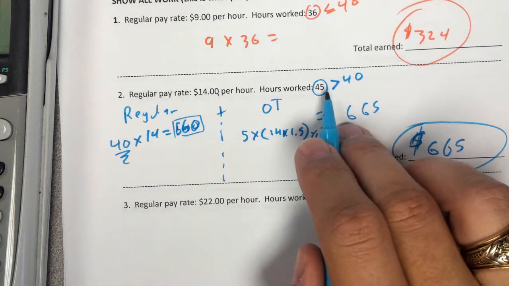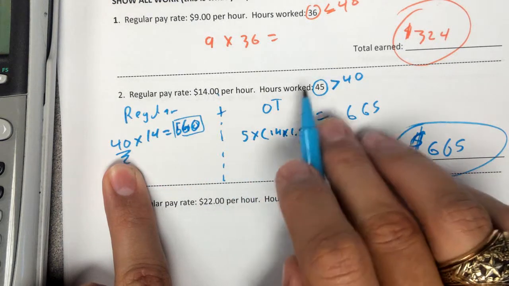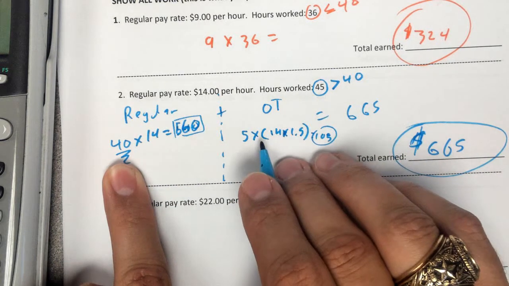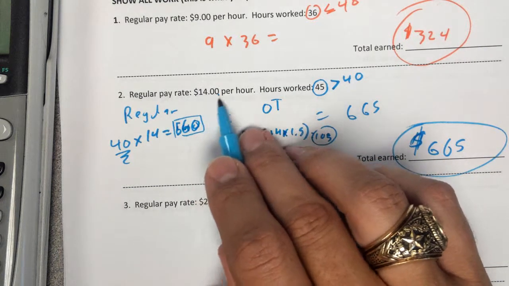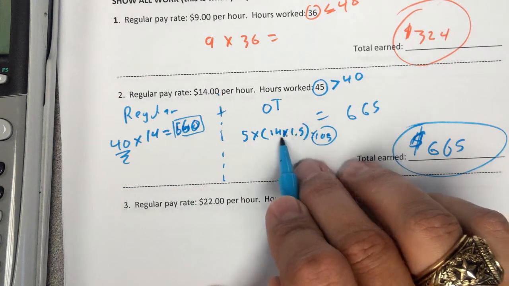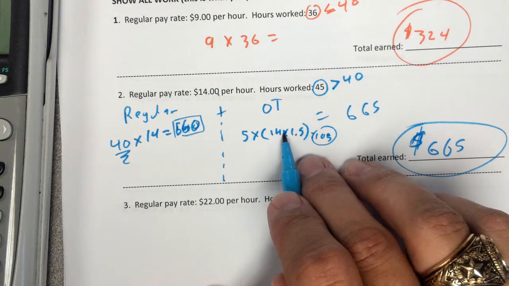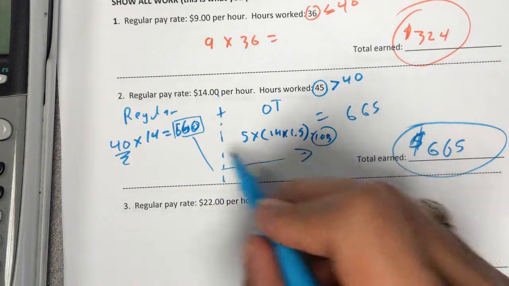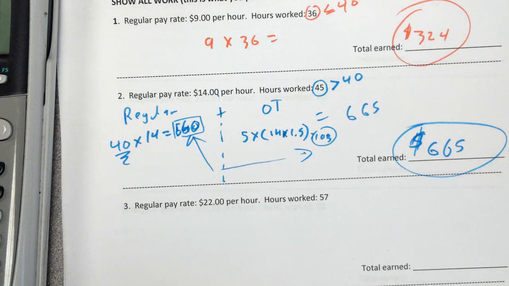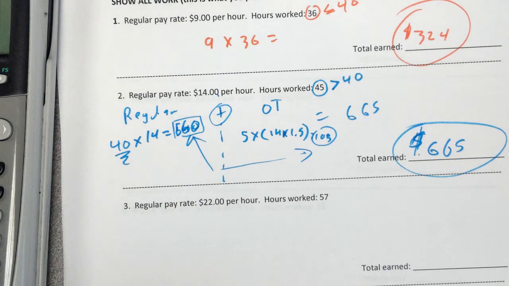We had worked a total of 45. 40 goes to the regular, there's 5 left over. 45 minus 40 is 5. Multiply that by my rate per hour, times 1.5 because we get 1.5 times as much, time and a half. Multiply that, we get 2 numbers. These 2 numbers need to be done separate. And to get our final answer, we just add them up at the end.